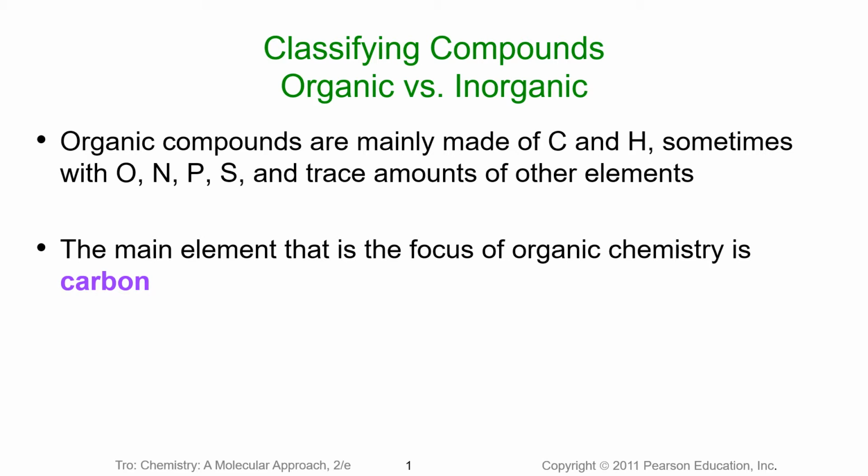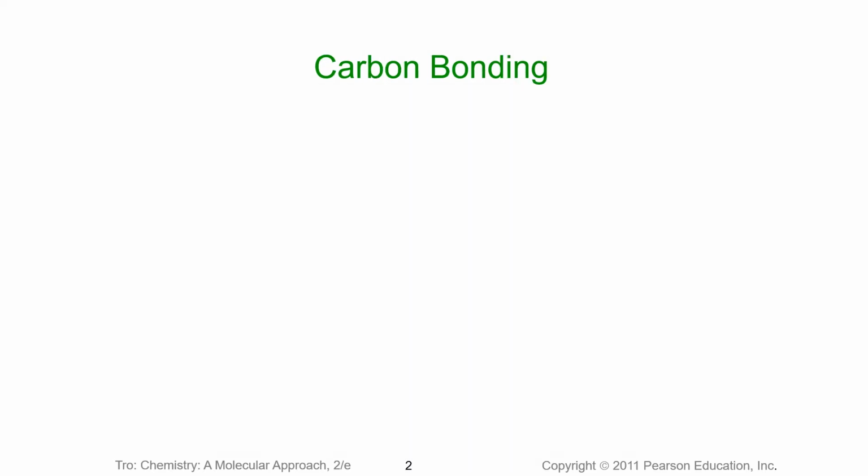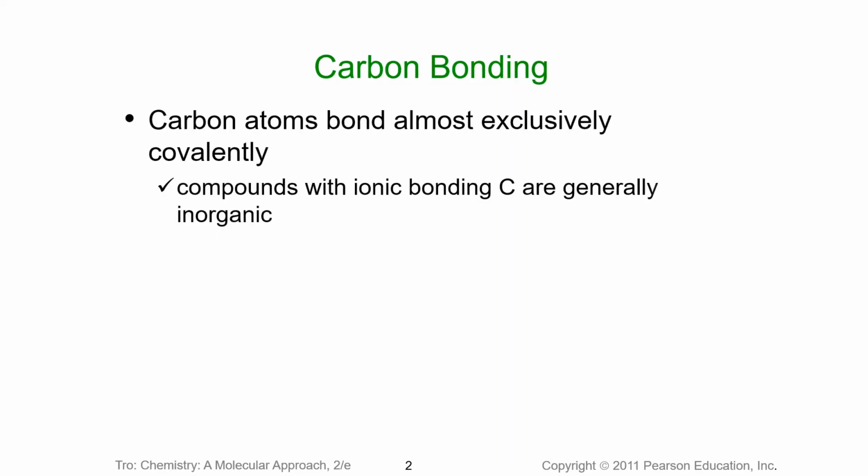The reason for this is because carbon can make long chains, and carbon likes to share electrons in order to fill its octet. It likes to form 4 bonds. The way that carbon bonds is almost exclusively covalently.